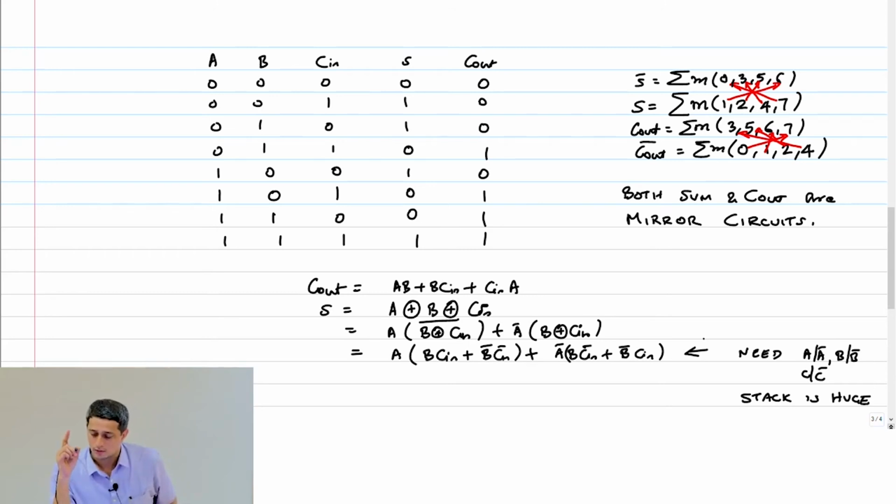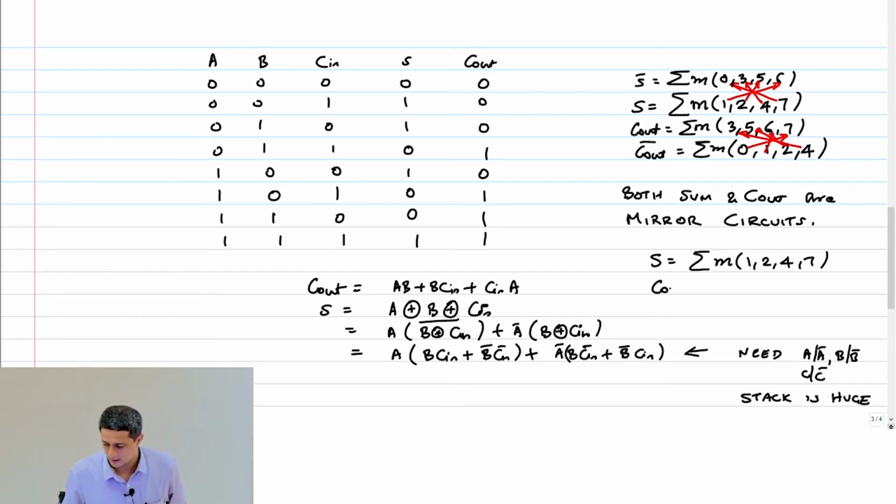So now let us look at the expression for sum and carry out bar. Okay, the minterm expression. Sum is equal to summation m of 1, 2, 4, 7 and Cout bar is what? Summation of m 0, 1, 2 and 4. So clearly the carry out bar is equal to the sum in 3 out of 4 cases.